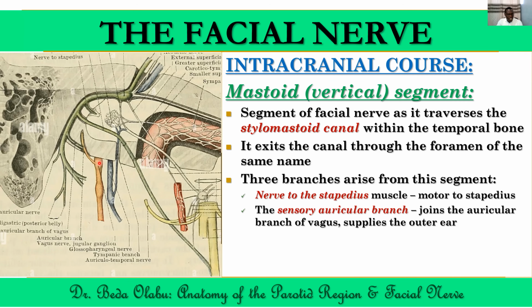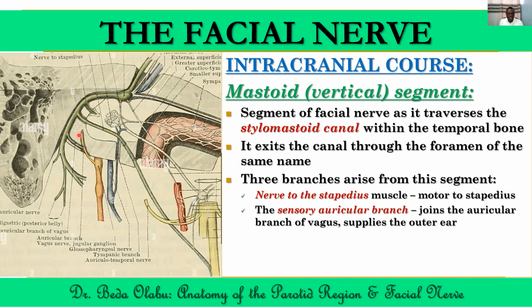So this is the 10th cranial nerve, which is called vagus, and this is the 7th nerve, which is called facial. So this is the auricular branch of vagus, and this is the sensory auricular branch of facial that joins the auricular branch of vagus. They are responsible for general sensory innervation around the regions I've mentioned in the ear.